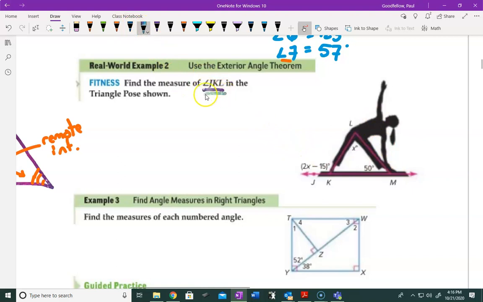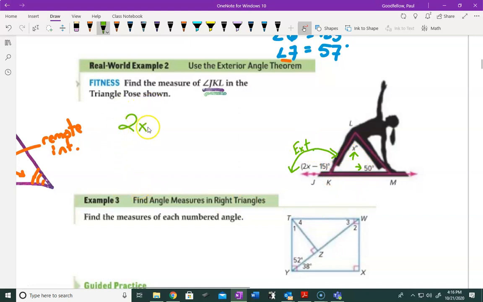It says JKL is the one that we're looking for. JKL, now that's this angle way out here on the outside. This is the exterior angle out here with her leg and the ground. If that's the exterior angle, it should be absolutely the same as the two remote interiors that are away from it added together.